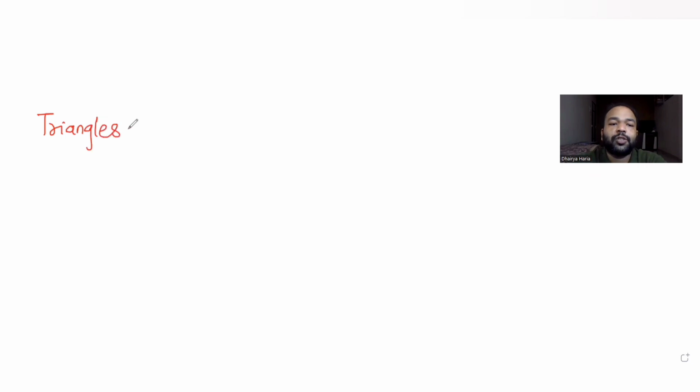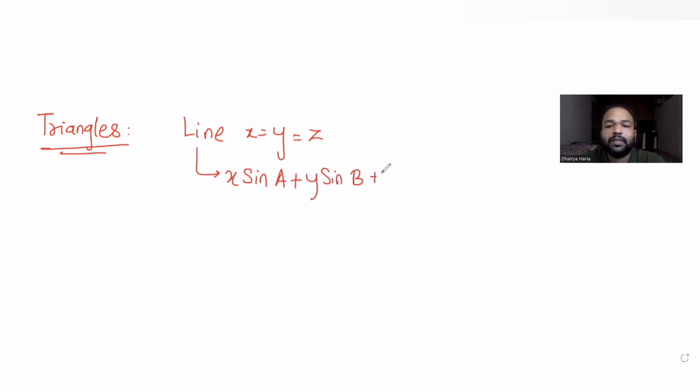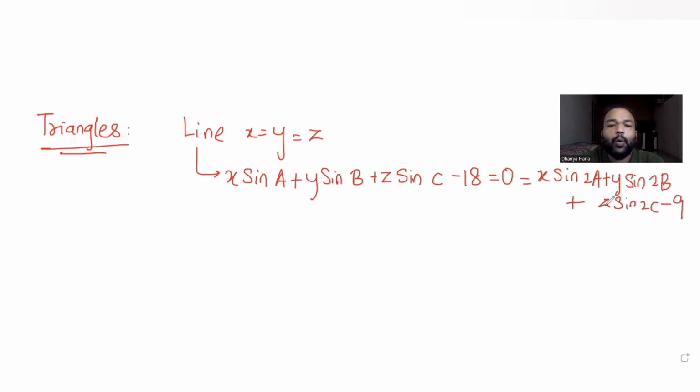The question tells us that a line x = y = z intersects the other line given by x sin A + y sin B + z sin C - 18 = 0, which is also equal to x sin 2A + y sin 2B + z sin 2C - 9, where we have been given that A, B, and C are the angles of a triangle.